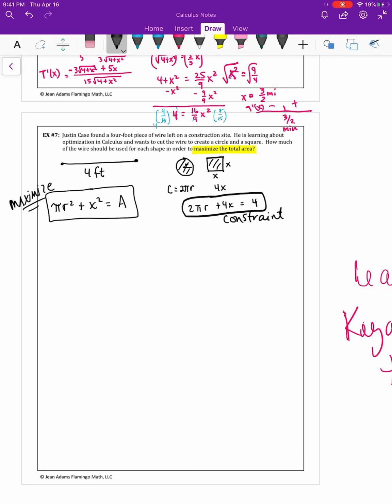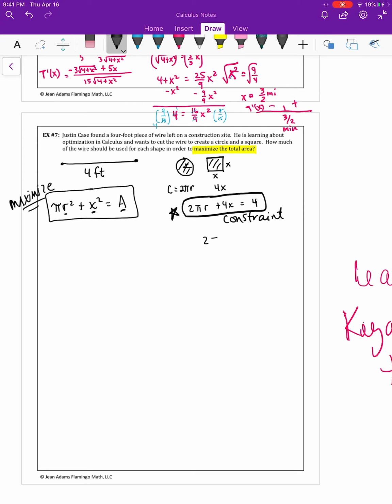So that area is what we want to maximize. And so that's what we're going to be taking the derivative of. So you have to figure out what equation is the one that you're going to need to maximize or minimize. That's the one that you're going to be taking the derivative of.